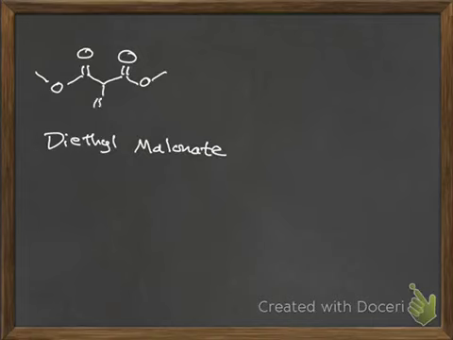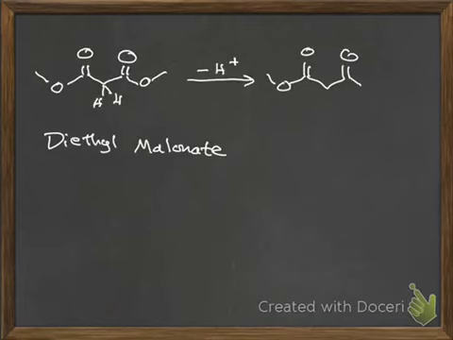The protons here between those two ester groups, which gives you this structure for its negative charge, this has a pKa of about 13, less than water, I might point out.